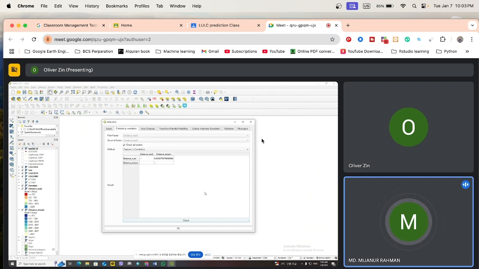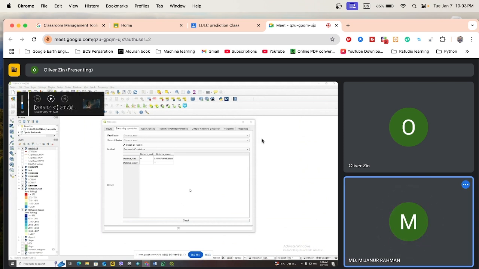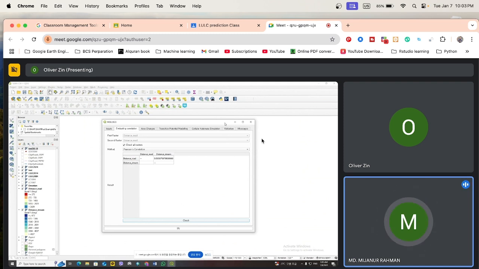In this case you input distance to road and distance to stream, and we find the correlation 0.050. This is only for the two; further, if you input more variables or parameters, you can also check the correlation for the others. In this case it displays only the correlation for the two variables.